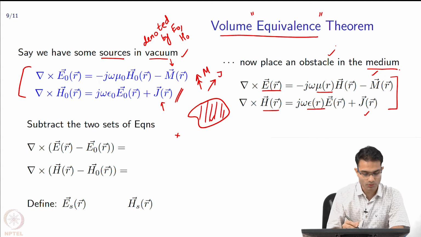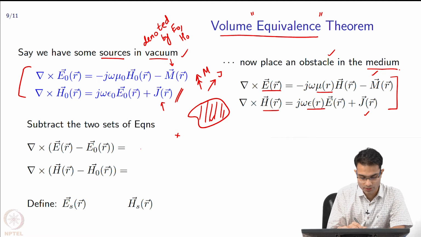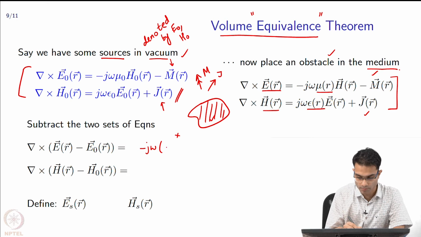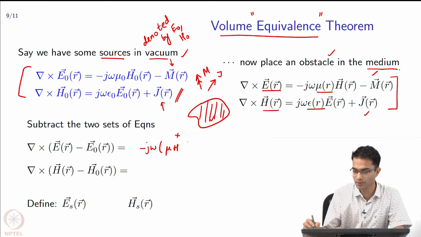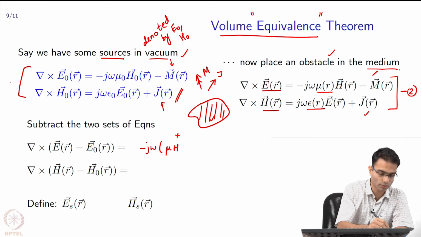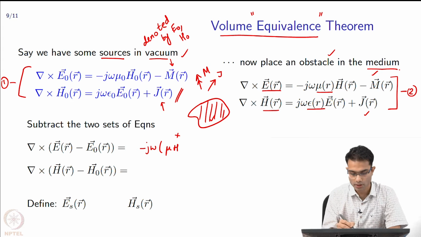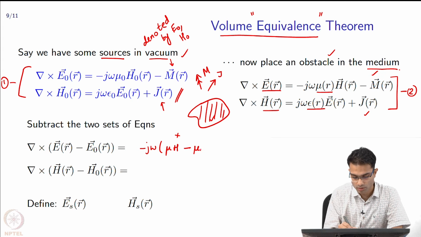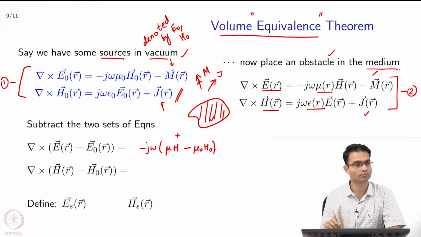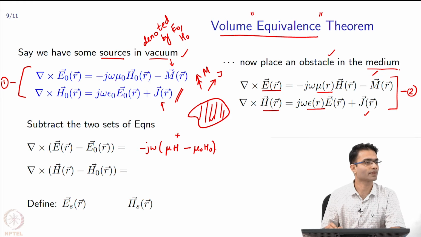If I subtract these two equations, I will get a minus j omega, mu H minus mu naught H naught, because I have subtracted 2 from 1, and the M terms vanished.